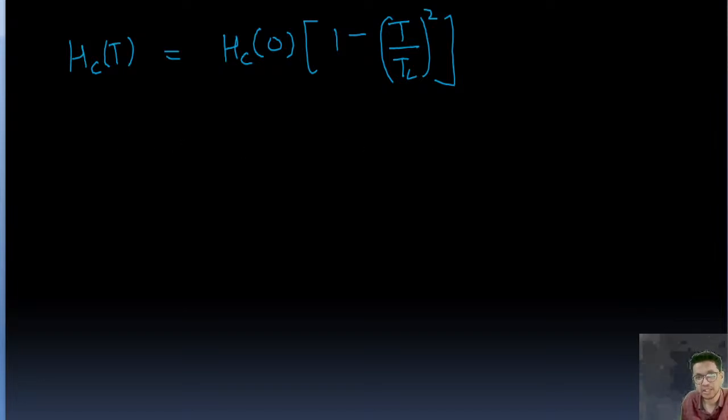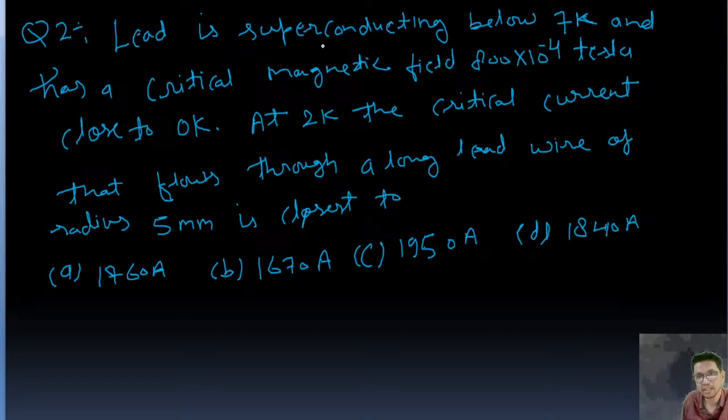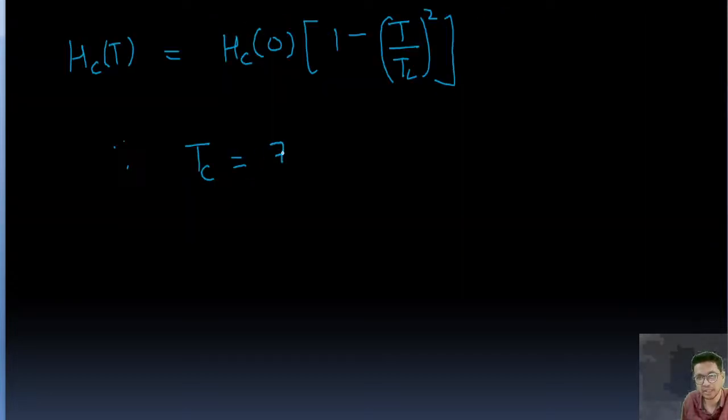Here Tc is the critical temperature, HC(T) is the critical field at this T Kelvin, and HC(0) is the critical field at 0 Kelvin. Since lead is superconducting below 7 Kelvin, this is the critical temperature, right? Above this 7 Kelvin, it is a normal conductor, right? So we have been given Tc, that is 7 Kelvin.